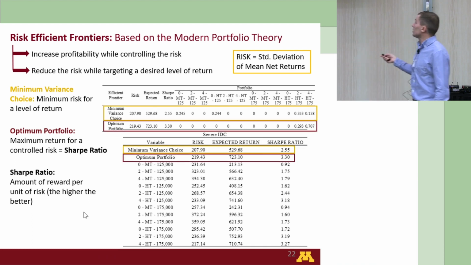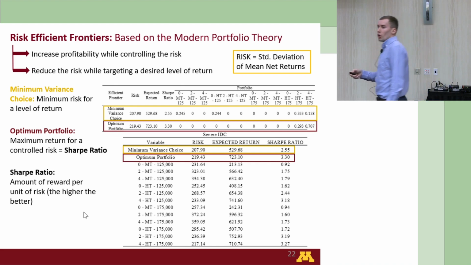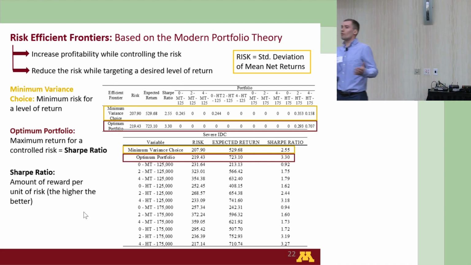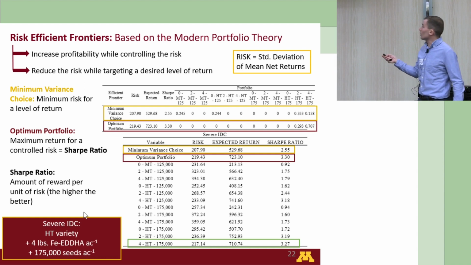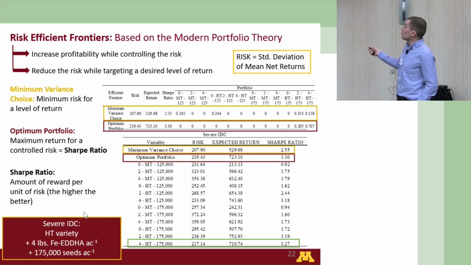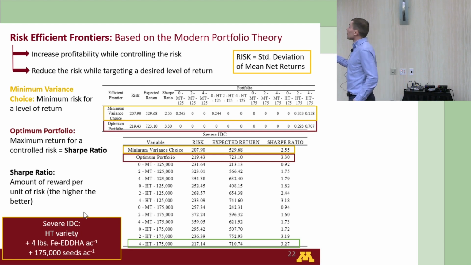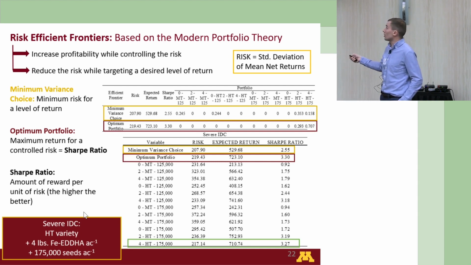Differently, under severe IDC conditions, both the minimum variance choice and the optimum portfolio were provided by a combination of portfolios. And like I said again, it may not be practical from a farmer standpoint, or it may not even be possible because of variable rate equipment. So again, we tried to define what was the best single option for these moderate to severe IDC conditions. And we got to the conclusion that the best single option for these areas was the combination of a highly tolerant variety with 4 pounds of iron chelate per acre in-furrow wet planting, planted at an increased seeding rate.